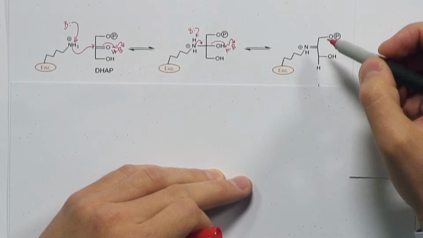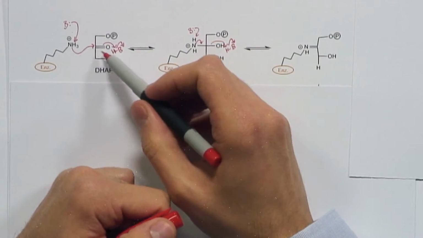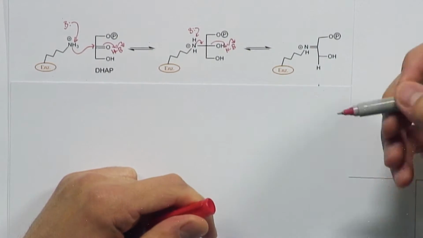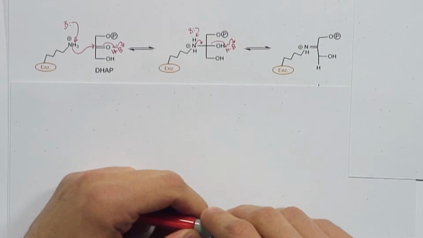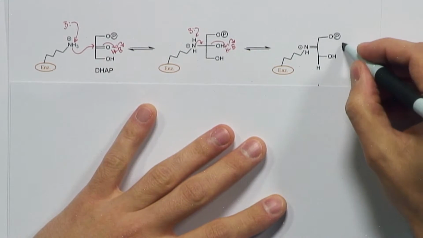If you look at it from the point of view of where we started from, which was a carbonyl group, this is a version of an activated carbonyl. A carbonyl that is now poised to do chemistry. Once again, this is the iminium ion.